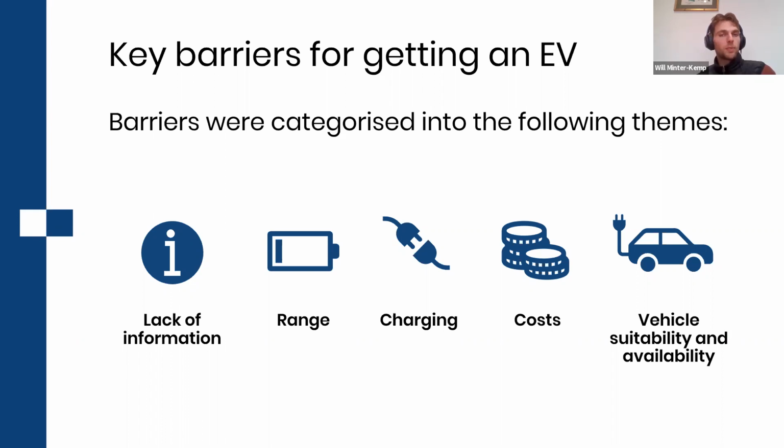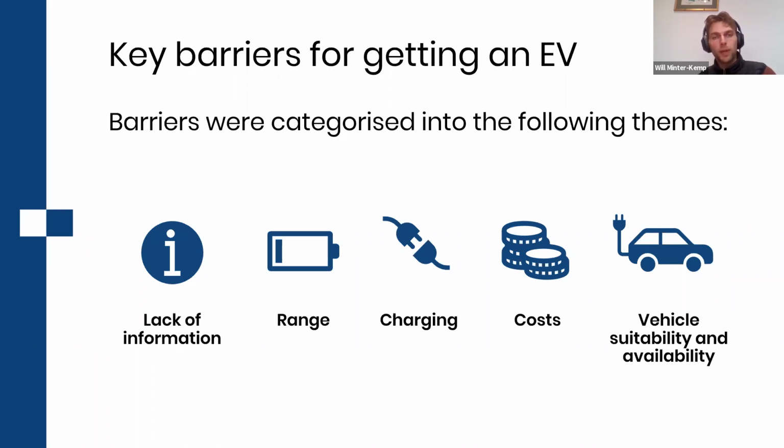And this problem is potentially made worse when having a disability, where the consequences of being left stranded are potentially a lot higher. And that goes for the same as charging as well. Having a shorter range means more reliance potentially on public infrastructure, and there is a perception of charging infrastructure not being adequate for the disabled consumer.